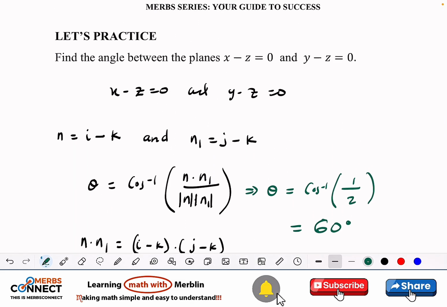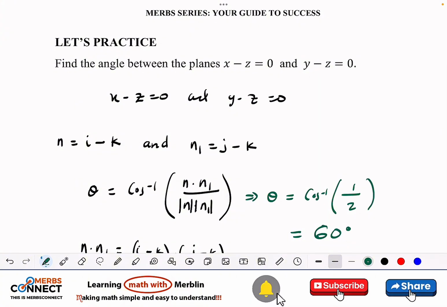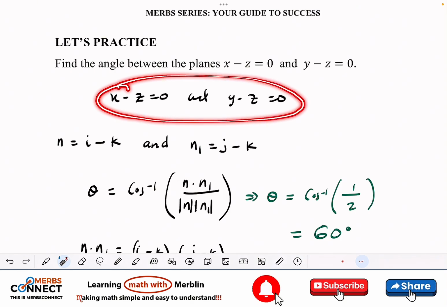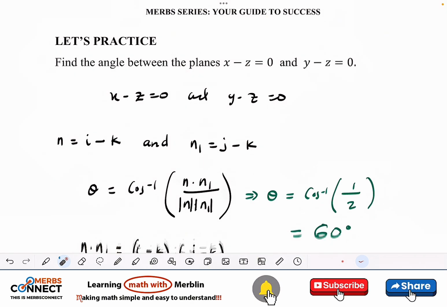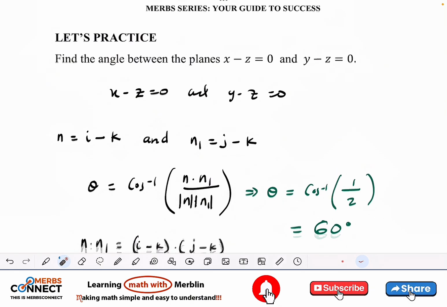So it's the same thing that we did under dot product or scalar product, but the only thing here is we need to make sure that we convert the plane to their normal vectors before we can go through the whole process.